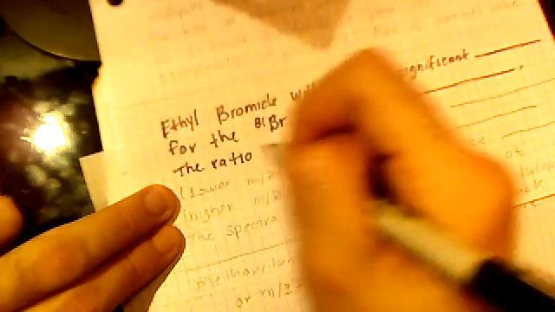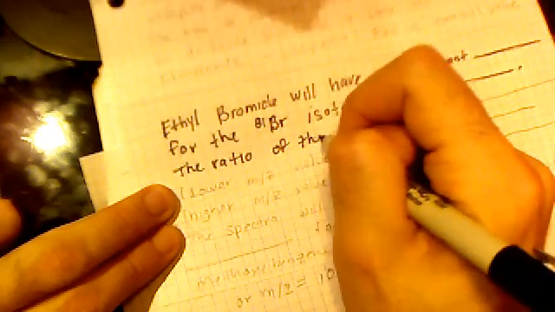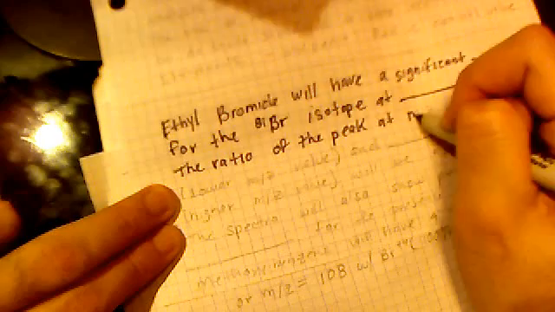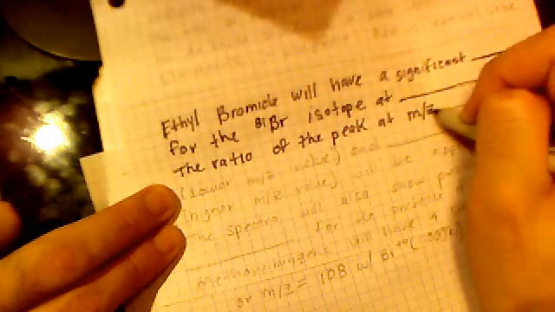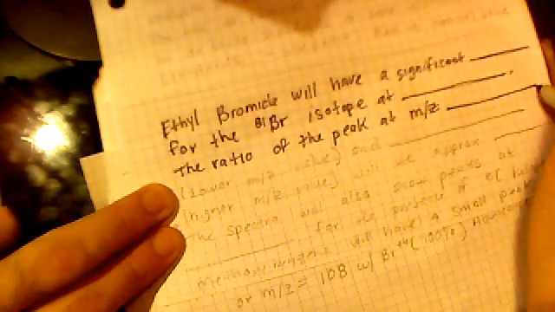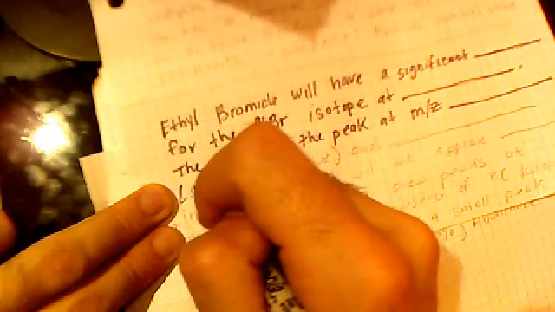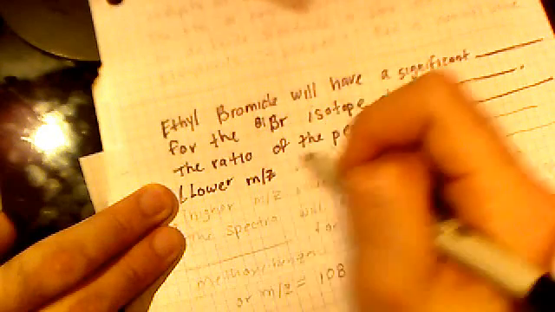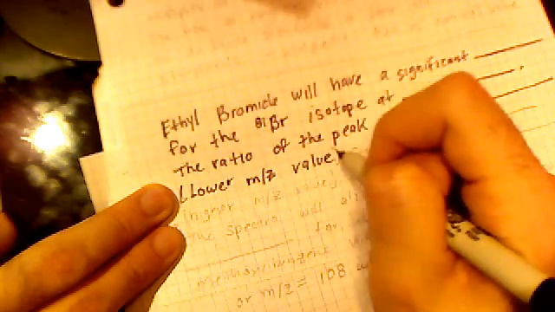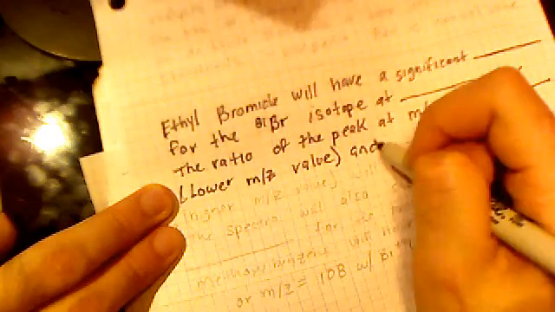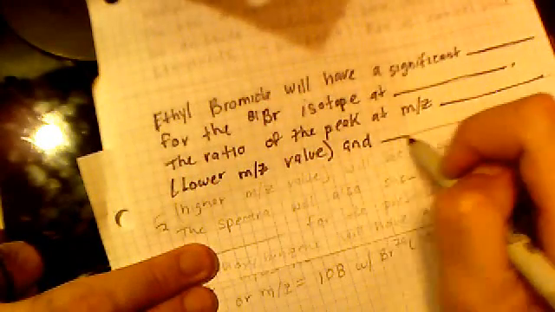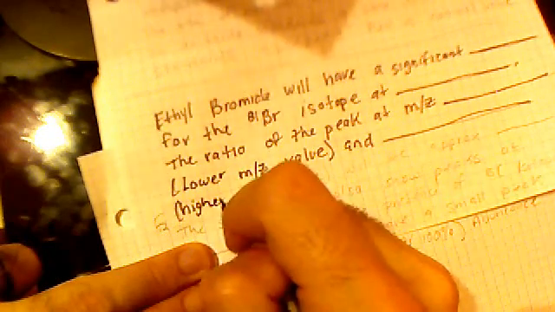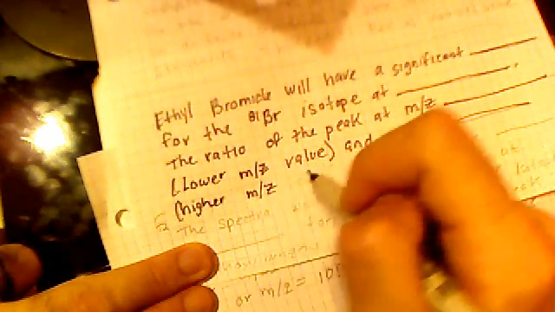The ratio of the peak at mass divided by charge is blank for the lower mass divided by charge value and blank for the higher mass divided by charge value.